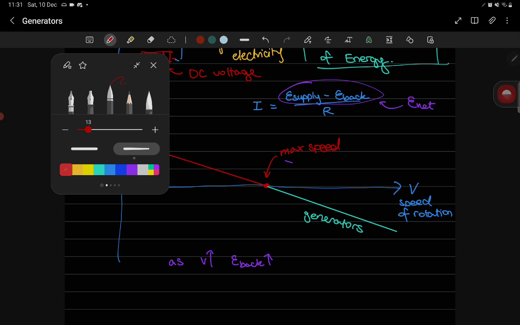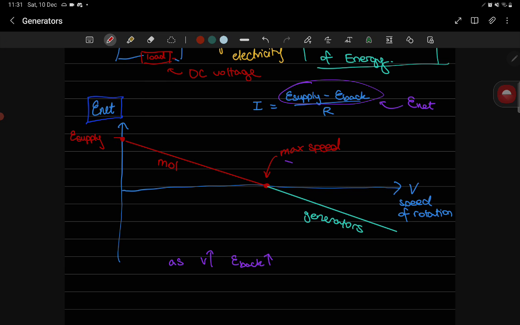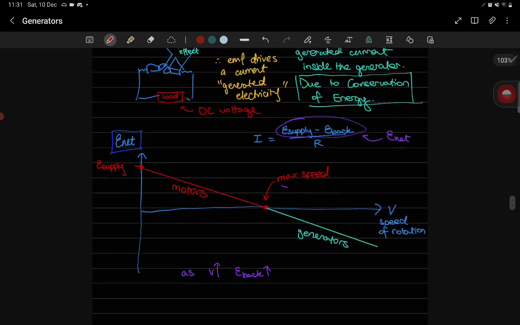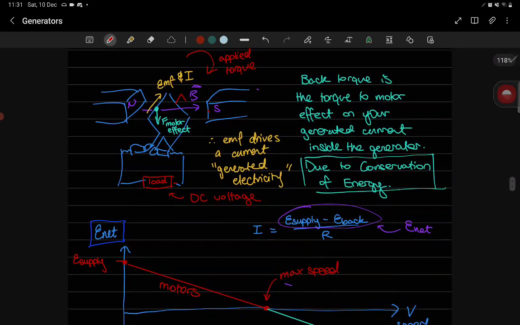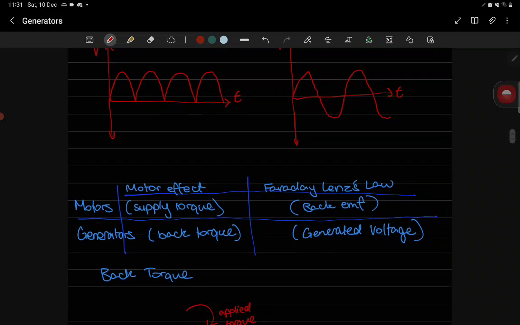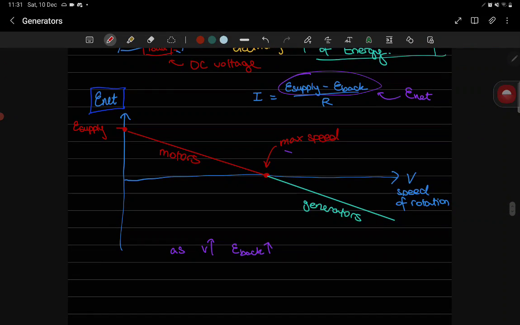So this side is motors, and then the other side is generators. So what I want to emphasize here is that this is on a continuum. It is not two very distinct types of physics objects. These motors and generators are on a continuum.